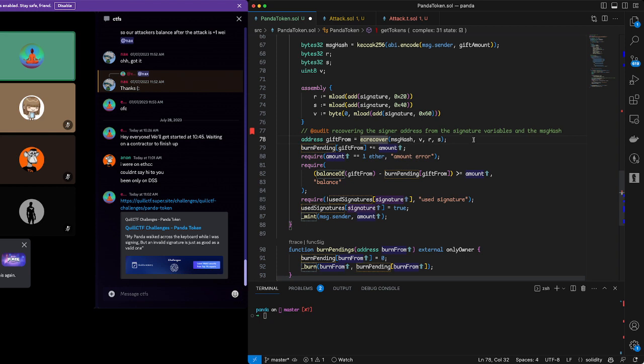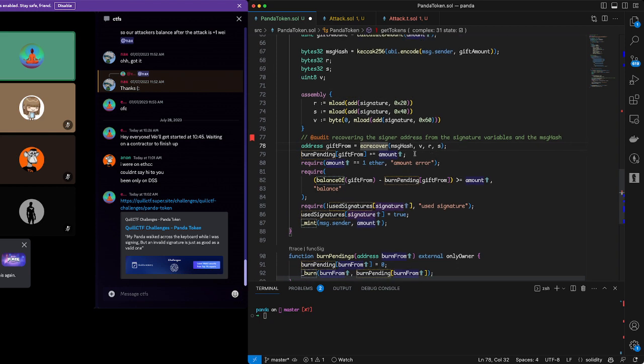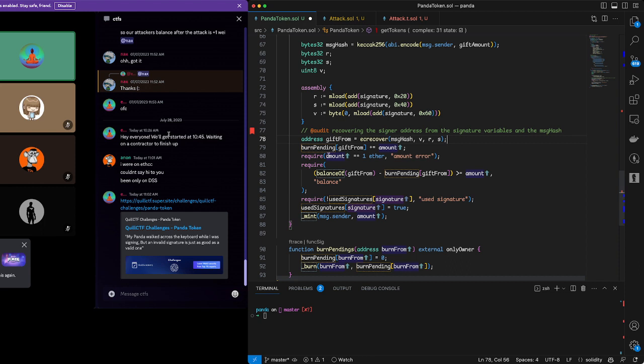So what it looks like here is basically what's happening is burn pending. After they check the signature and who the gift is from, they're saying burn amounts from this individual.